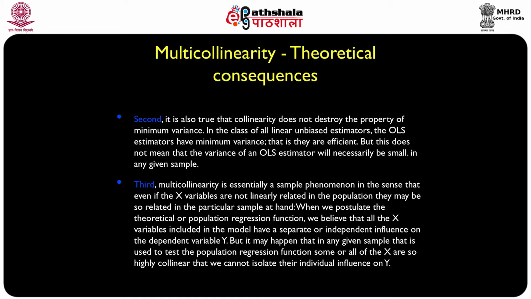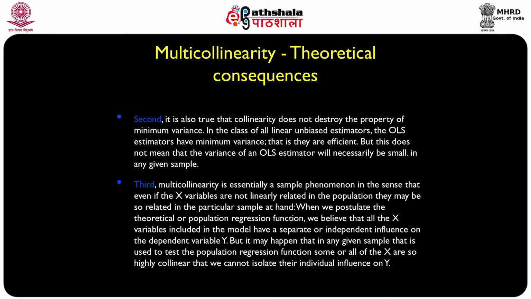Third, multicollinearity is essentially a sample phenomenon in the sense that even if the X variables are not linearly related in the population, they may be so related in the particular sample at hand.